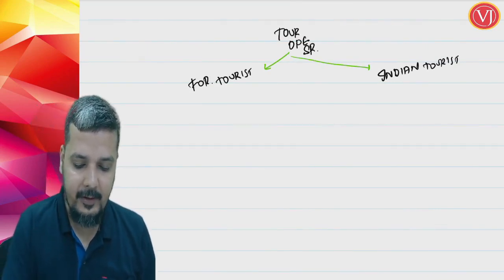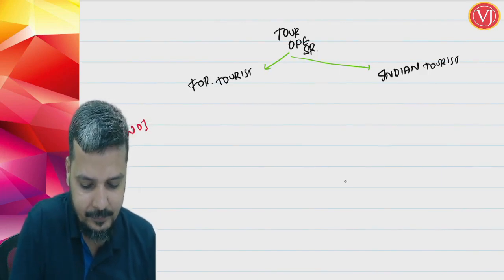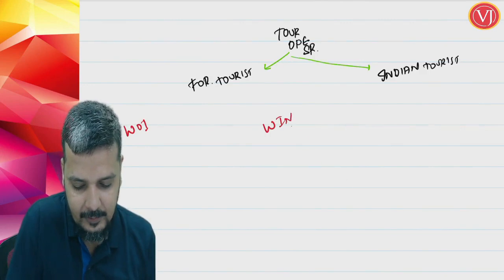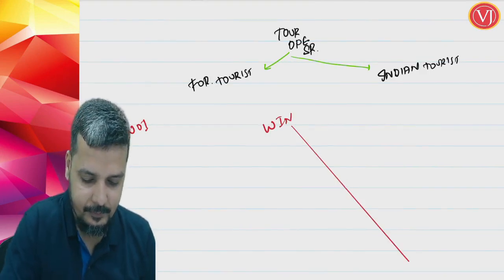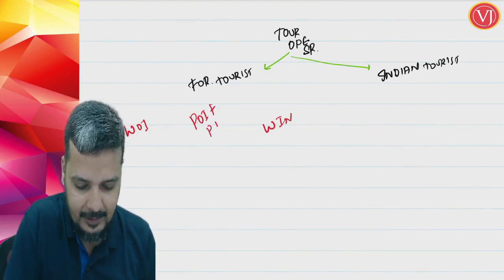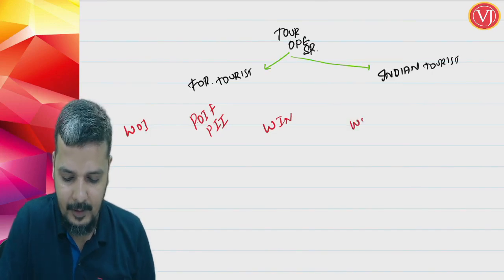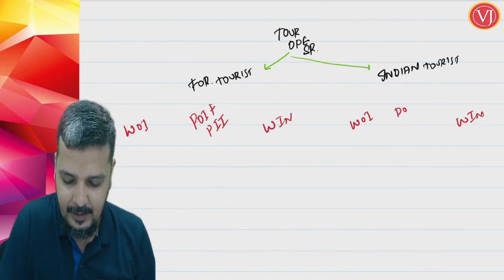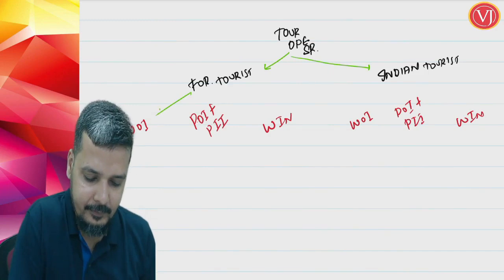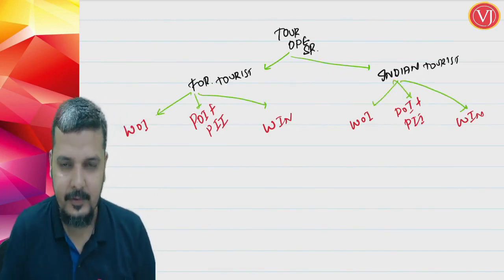For a foreign tourist, categorize into 3: wholly outside India, wholly in India, and partly outside India plus partly in India. For an Indian tourist, the same categories apply.